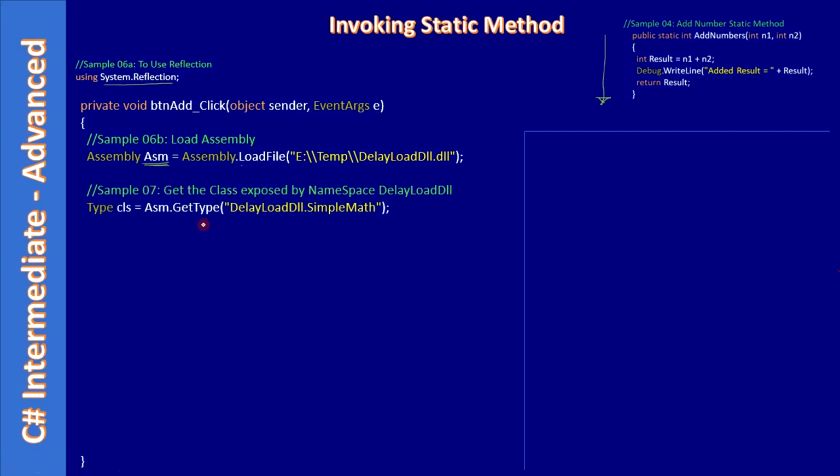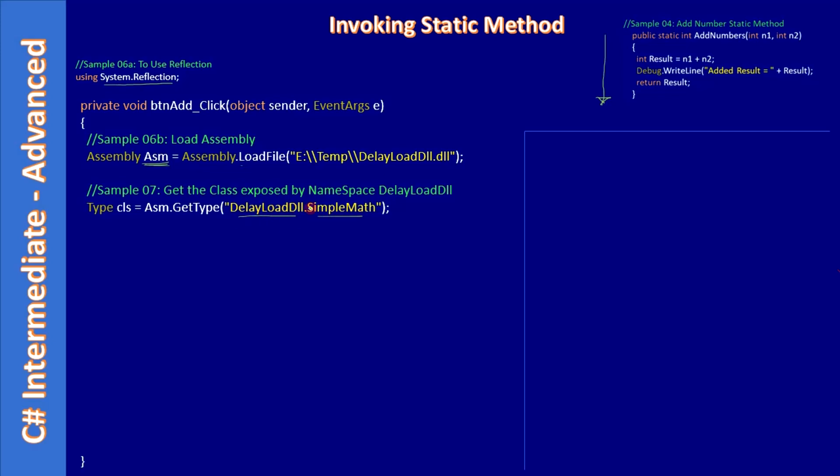Next, to retrieve a specific type from that DLL assembly. At present, our DLL assembly contains only one class, and that class is simple math. So here we are giving the fully qualified name. That means delay load DLL, then simple math. So this is our namespace.